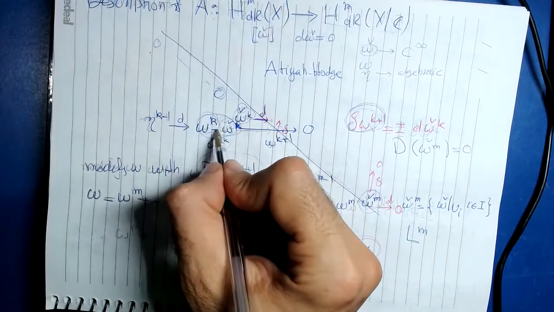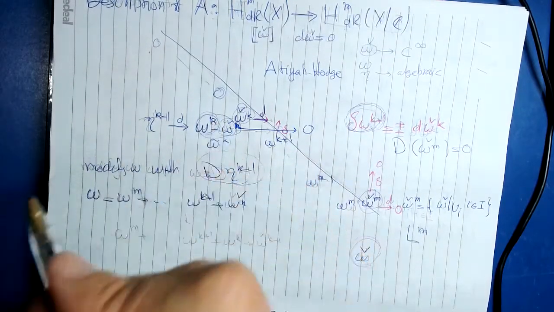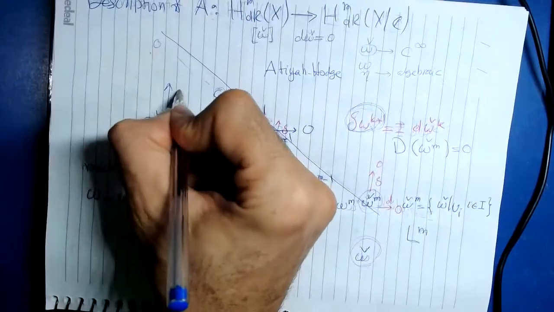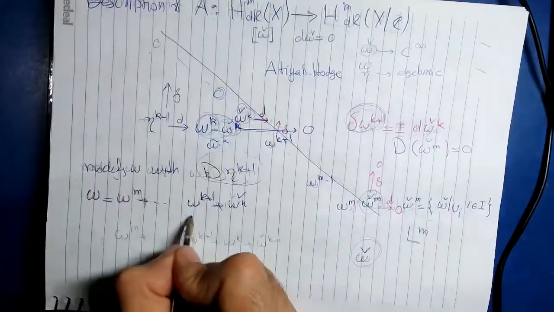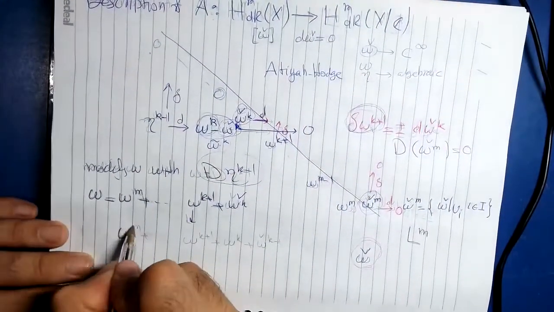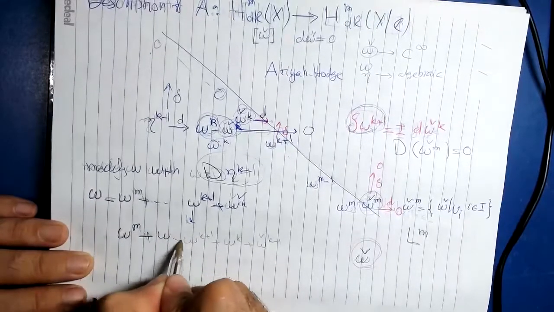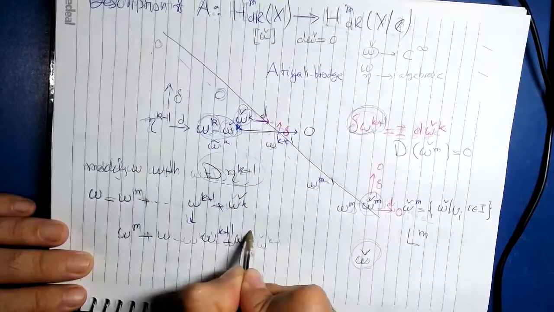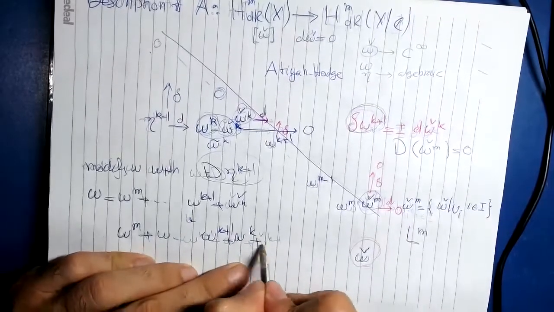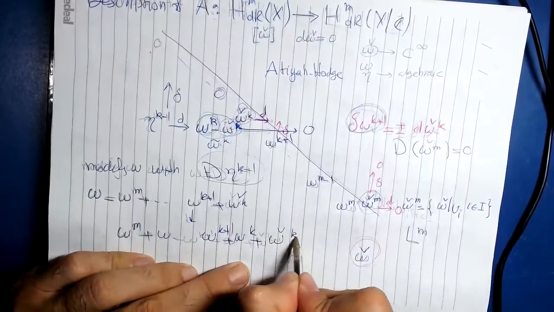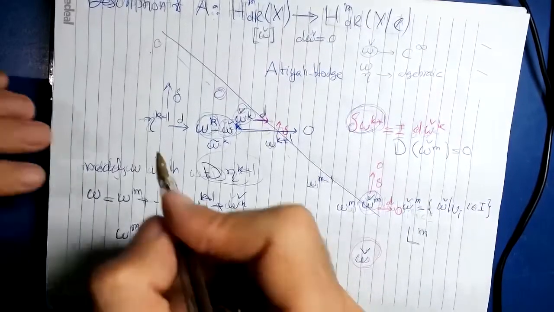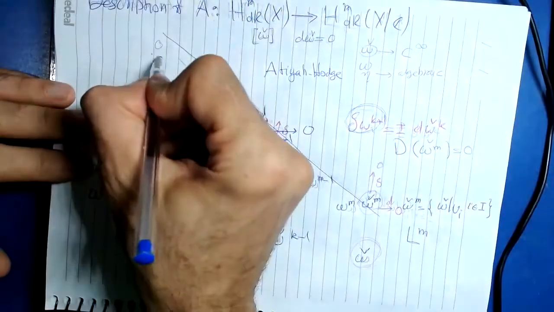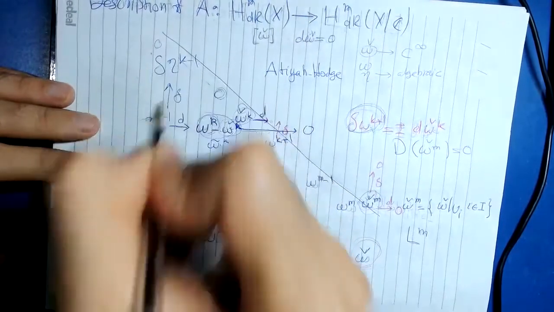Here I will get a purely algebraic element, but of course I am doing delta on the other side, so this will turn out to be omega^m plus omega^{k+1} plus omega^k. This is algebraic, but there will be some non-algebraic thing coming here, which will be exactly this delta eta^{k-1}.